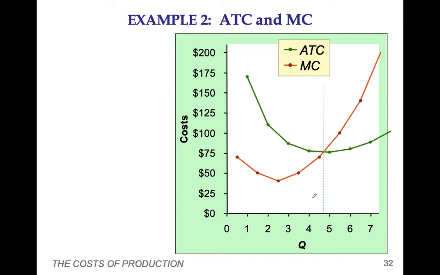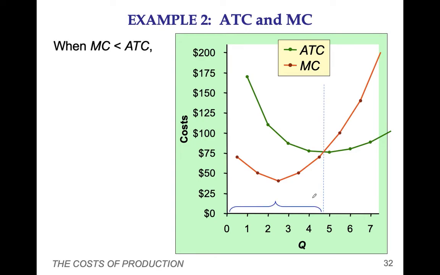So here the marginal cost is somehow an indicator. It tells the firm what level of production makes her produce at the lowest average cost.